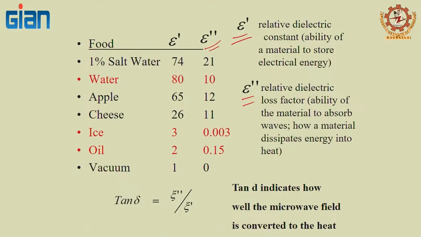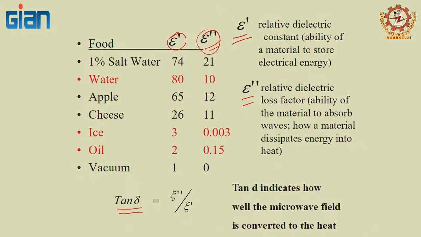Then you have a third parameter called tan delta, which is basically a ratio of epsilon double prime over epsilon single prime, and it indicates how well microwave is converted into heat. So, you have to convert that into heat.